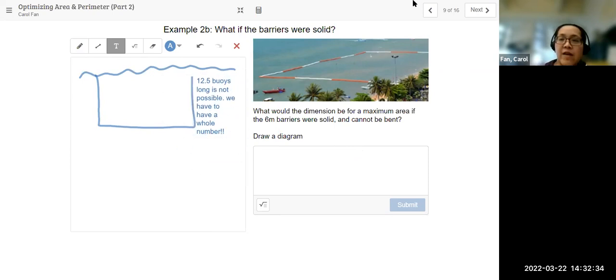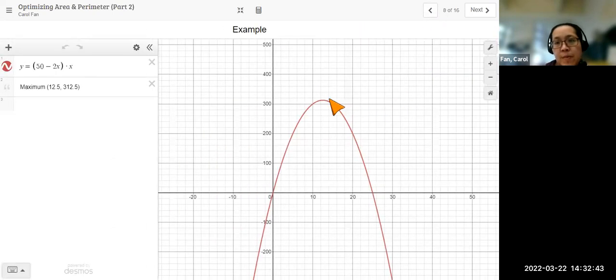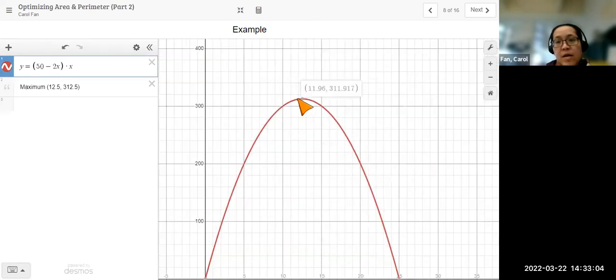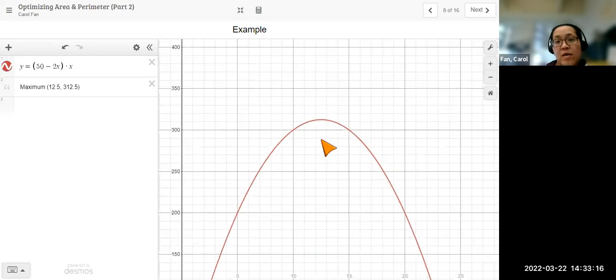Okay, so since we have to have a whole number, let's go back to see on our graph what the possibilities for a whole number are. On my graph, if I take my cursor and walk along, you can see how things are changing. So at 10, I have 300. At 12, it's 312. At 13, I have 312 as well.